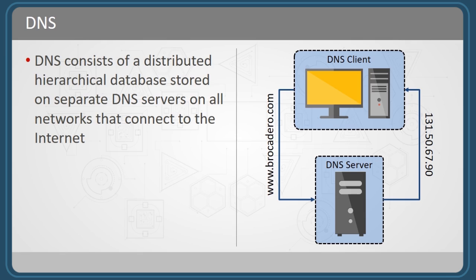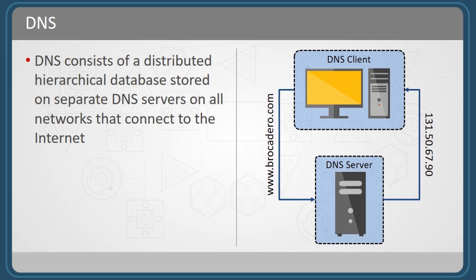And the name that you see there, www.brocadero.com, does indicate those levels. Now, we'll talk about that in greater detail later, but the www actually refers to a specific host.